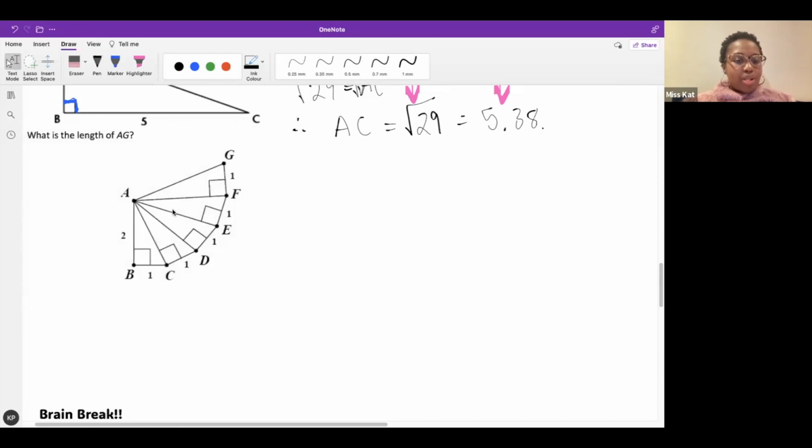We are doing, what is the length of AG? So let's check where AG is. There's AG. So AG is in triangle AFG. Do we have enough information in triangle AFG to solve for AG? Look at triangle AFG.